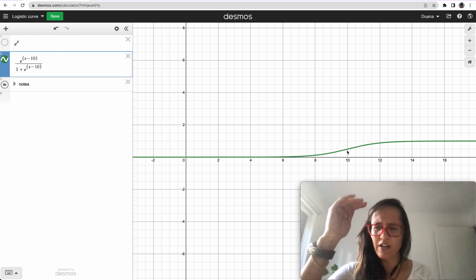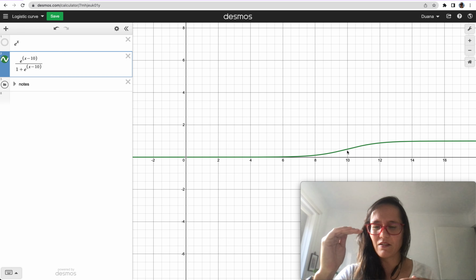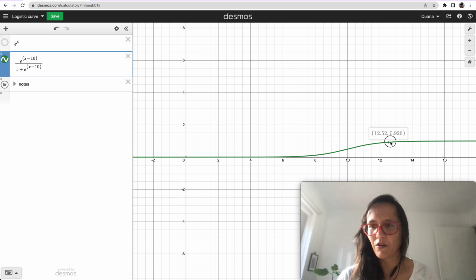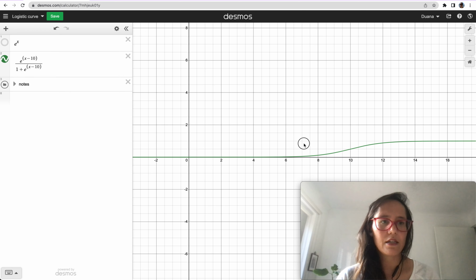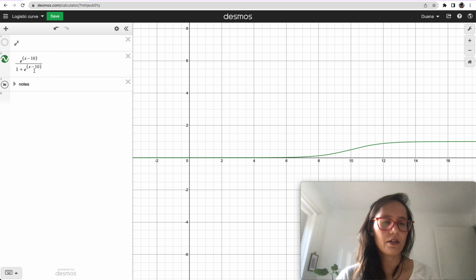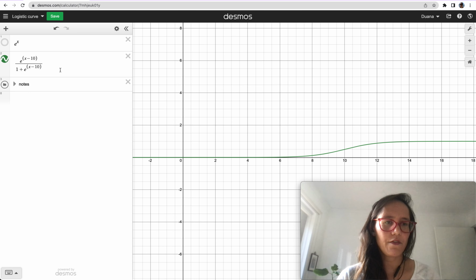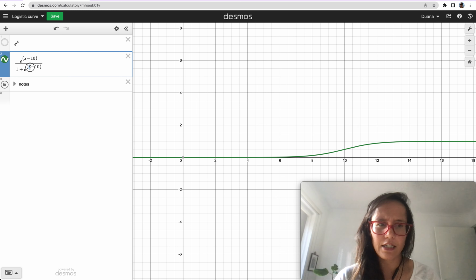I also want to stretch the graph of the curve vertically because my population isn't going to grow to 1. It's going to grow to like 100 million or something like that. So to stretch it vertically, if I think of it as when x gets really large, these two terms are kind of the same.